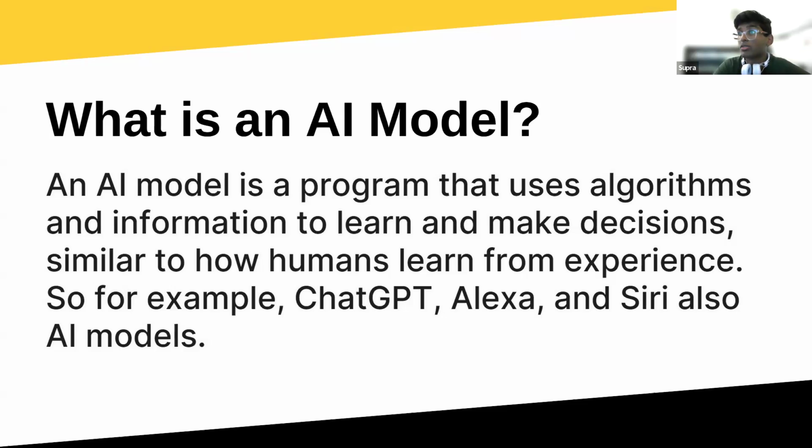But for AI models to work properly, we obviously have to feed them data. If you just take a program that has no data, no training, no nothing, and you try to use it for something, it's not going to be very good at whatever task you give it. So you have to feed an AI model data to make it work well.